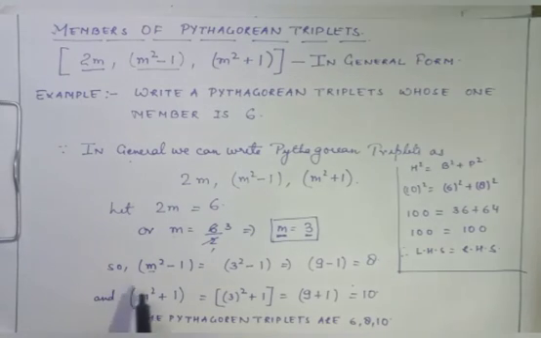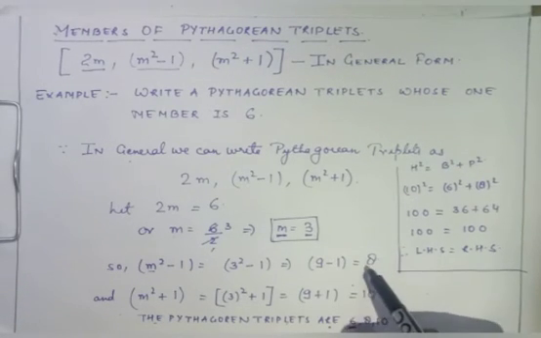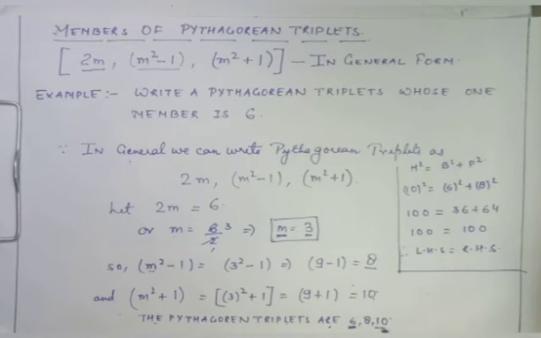What is the next? m square plus 1 is equal to, in place of m, 3 square plus 1, which is 9 plus 1 is equal to 10. Now the Pythagorean triplet is: the first one is given to you as 6, second one is 8 and the third one is 10. I hope this much is clear to everyone.